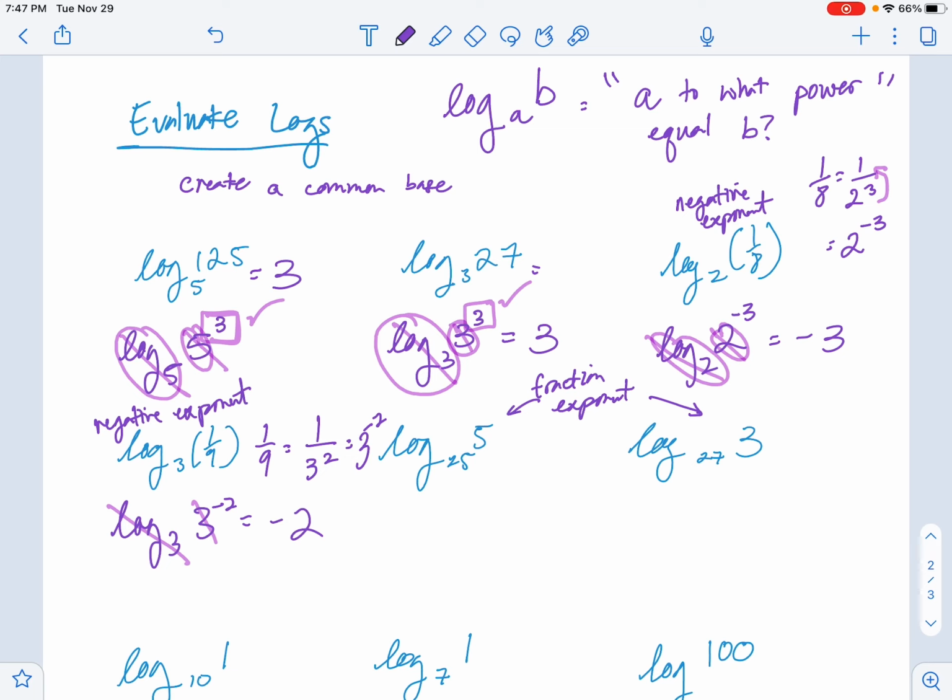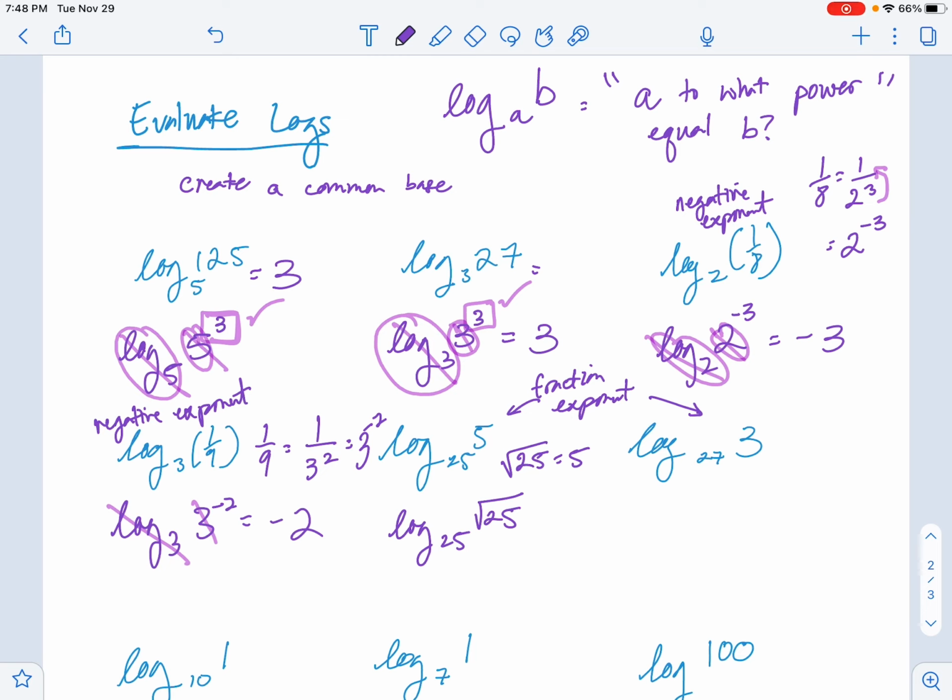Well, square root of 25 equals 5. So I can rewrite 5, so that it has the same base as this log, as square root of 25. Right. Okay, but I need an exponent.